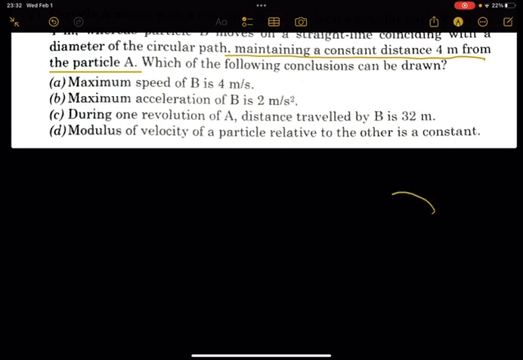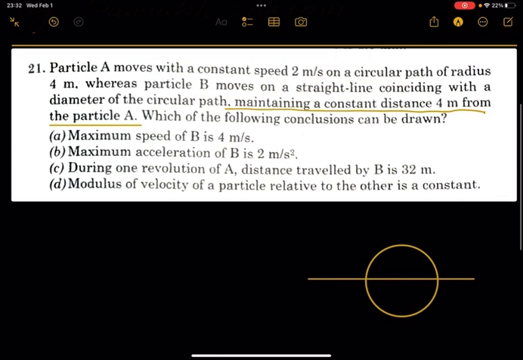If I'm drawing, this is the path of A, and B is going only along the diameter. It is given that B moves on a straight line coinciding with the diameter of the circular path.